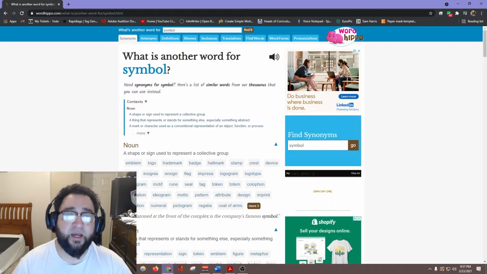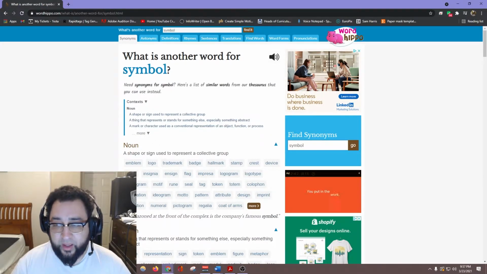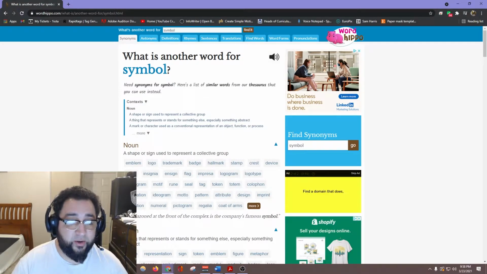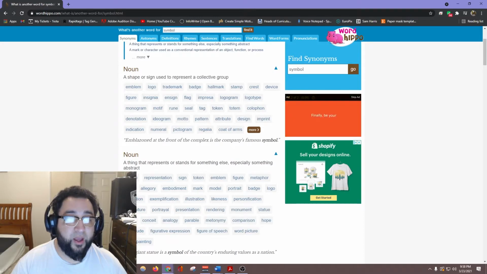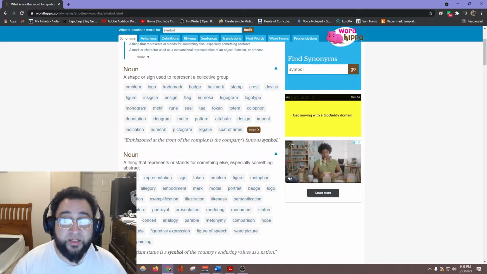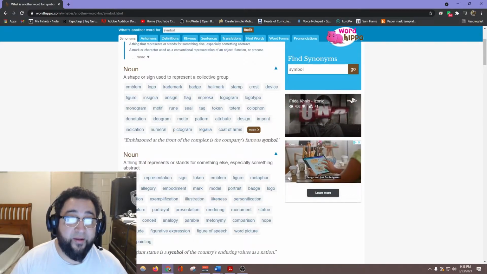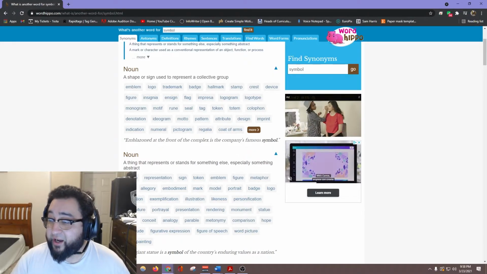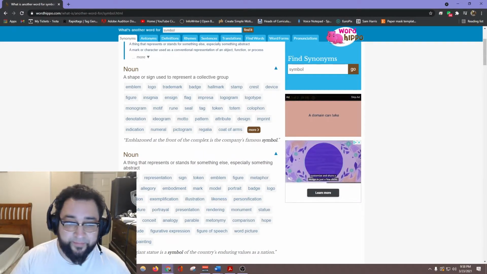A synonym is a similar word that means pretty much the same thing, so you can use it in place of that word. Examples for symbol would be emblem, logo, trademark, badge, hallmark, stamp, crest, figure, and insignia. So these are all other words that kind of mean the same thing as symbol does.